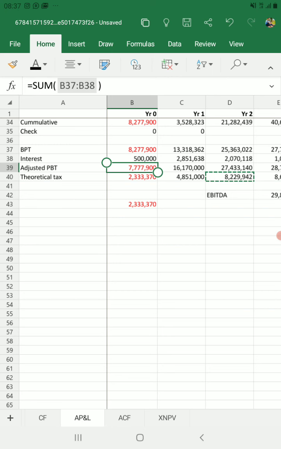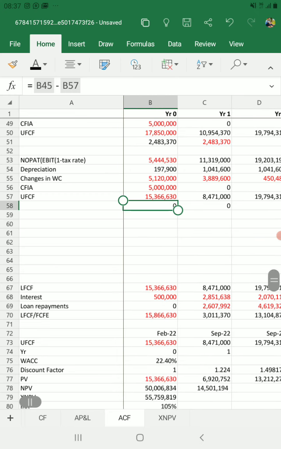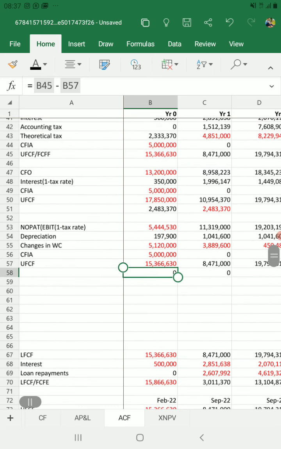If we go to our annual cash flow sheet and look at our NOPAT approach, we see the difference has gone out. But we still have the difference in our cash flow approach. So the difference is cleared in NOPAT.